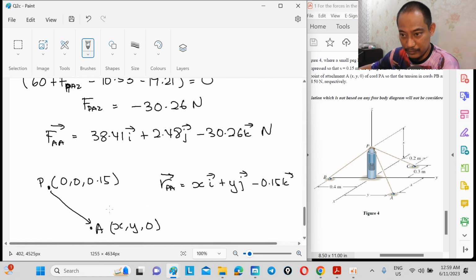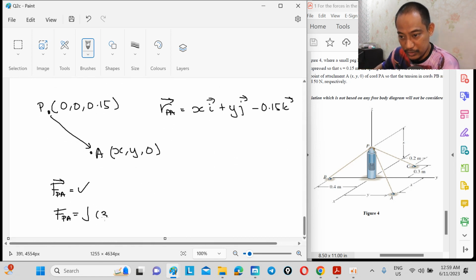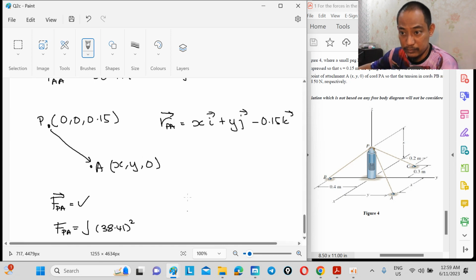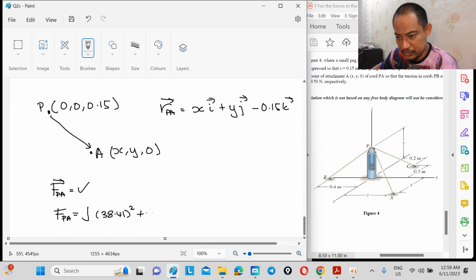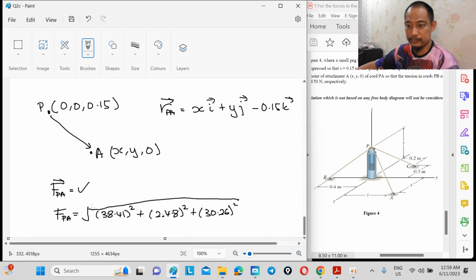So 38.41 squared plus 2.48 squared plus 30.26 squared, and that will give you 48.96 Newton.